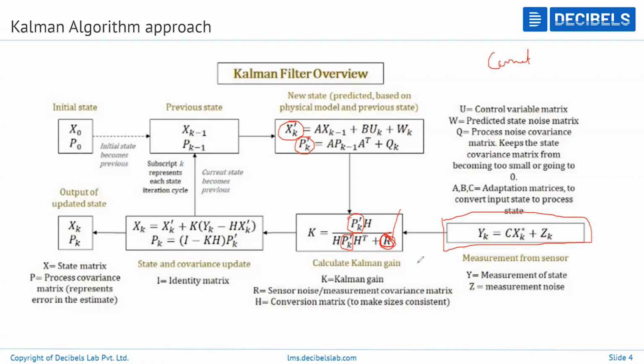Okay. So you may be confused about what this process noise could be. This error in estimate, the process covariance, represents that there will be some error in your theoretical model.